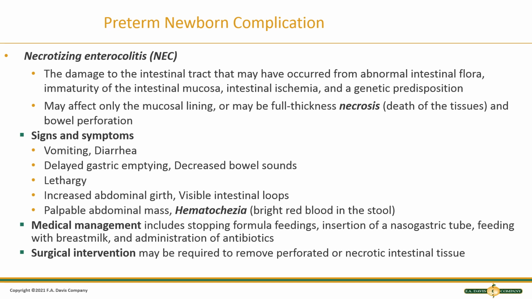So it's the abnormal intestinal flora, it's immaturity of the intestines, and ischemia or a genetic predisposition. So vomiting with the feedings, diarrhea, delayed gastric emptying, decreased bowel sounds, the infant may be lethargic, they may have abdominal swelling, so we need to measure the abdominal girth, and you might see those visible intestinal loops in the abdomen.